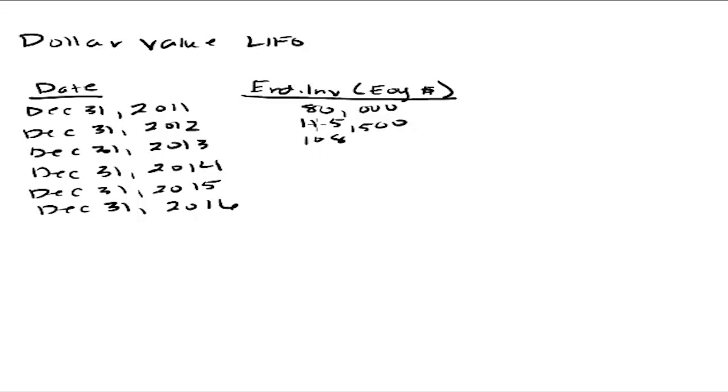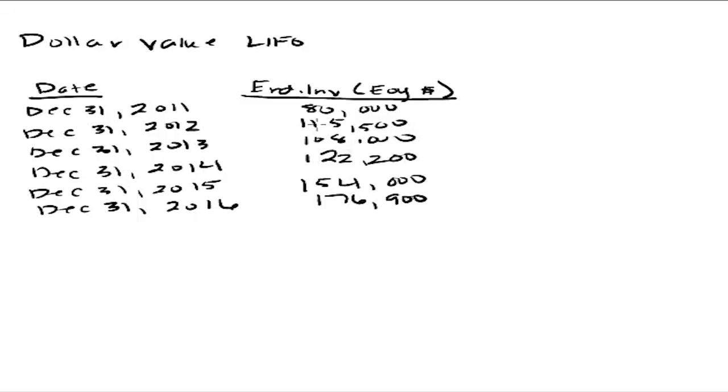Then we've got 122,200. Then we've got 154. And we've got 176,900. Okay, so that's ending inventory at the end of year prices.